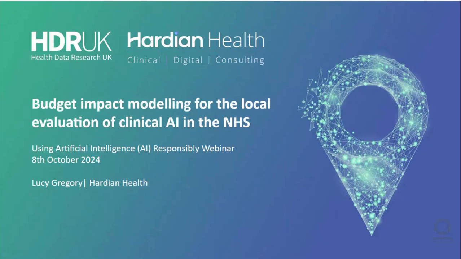Then I'll discuss the most important bits, which are the steps you follow in order to conduct these evaluations, and also the types of data that are required in order to conduct this form of analysis.